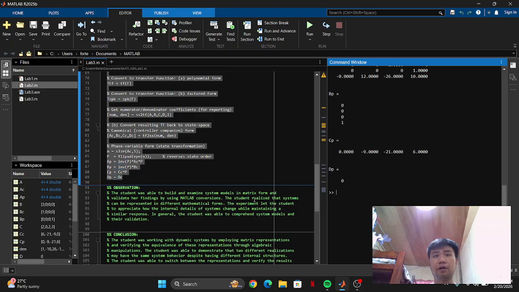By transforming these models back and forth, I confirmed the consistency and accuracy of each representation, and overall this activity strengthened my understanding of how a dynamic system works and how it can be modeled and analyzed using different forms, but in equivalent mathematical form.